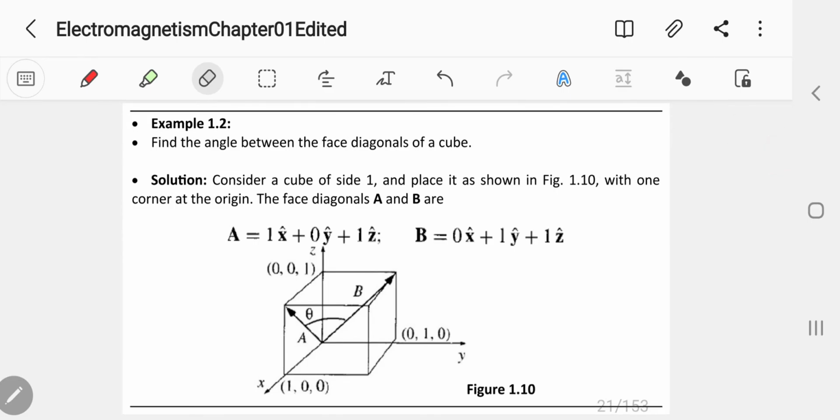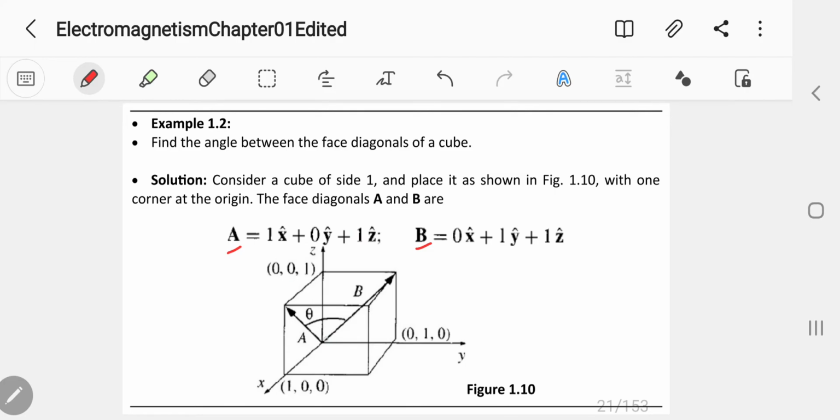So here's an example. Find the angle between the face diagonals of a cube. So consider a cube of side 1 and place it as shown in figure 1.10 with one corner at the origin. The face diagonals A and B are given by these vectors. So you have A and B. You can easily look at the coordinate system.